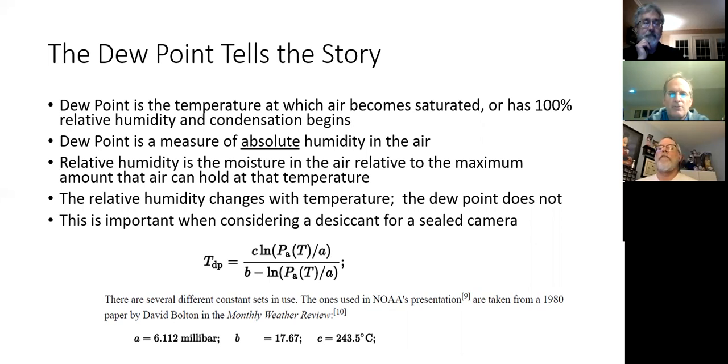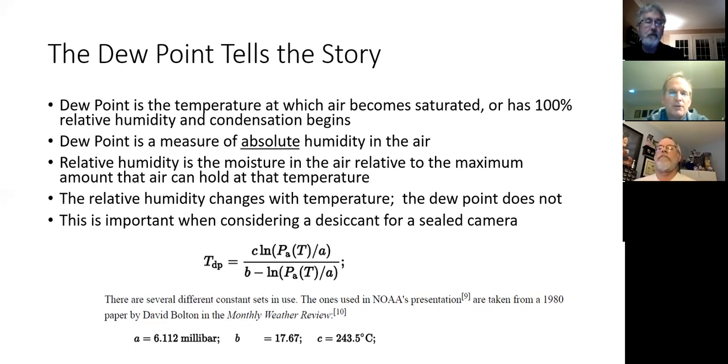So if you're on an observing night and it's 50% humidity and maybe 20 C, and as the night goes on, the temperature drops maybe to 15 C, and the humidity will go up, and you think, wow, it's getting more and more humid. But really what's happening is the temperature is approaching the dew point. The air can't hold the humidity as well, so the relative humidity is going up.